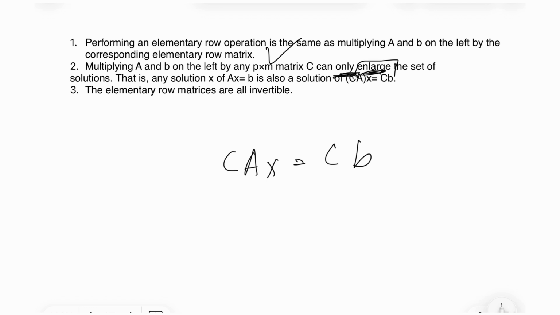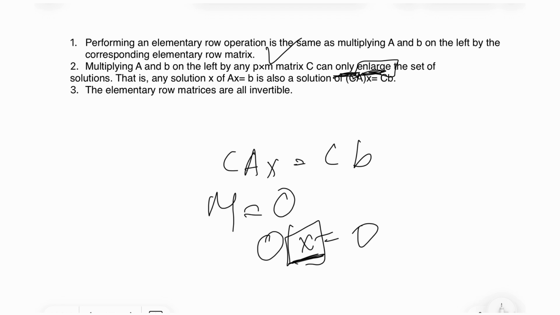The reason it's written as only enlarge is because if we multiply by 0, what are we doing? We're multiplying both sides by 0. We just get 0 and 0, right? So x can be anything now. The answer is infinite. For example, let's say I take the elementary 2-variable equation.